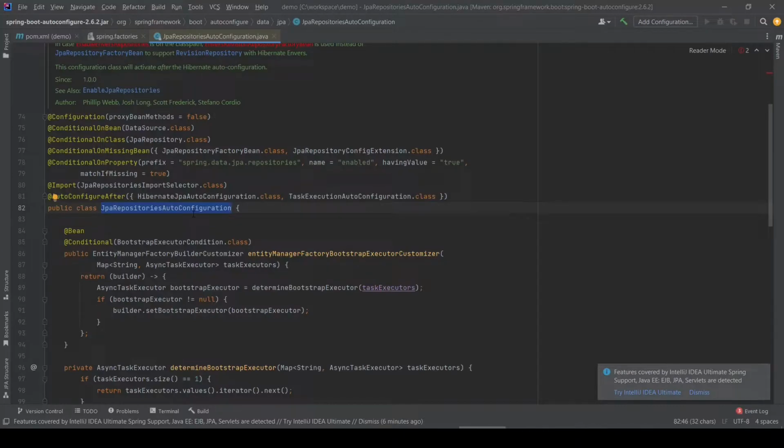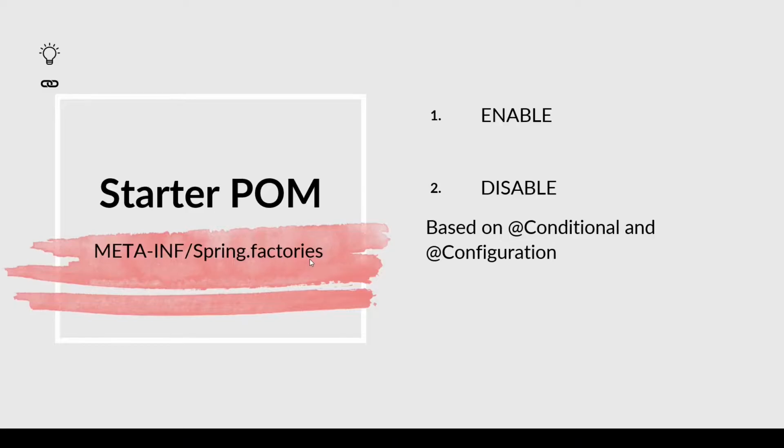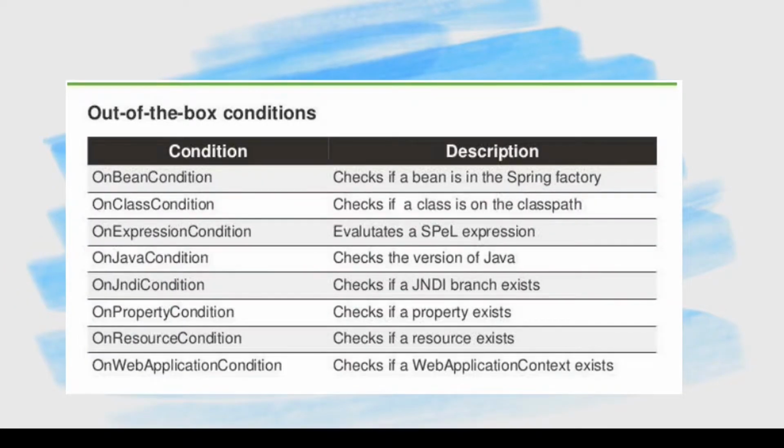So what other conditions does Spring Boot verify to enable the auto configuration? Let me move to the slide and show you the others. If you observe here, these are the bunch of conditions which Spring Boot verifies to start up our server, or you could say the embedded Tomcat server, to execute our application.